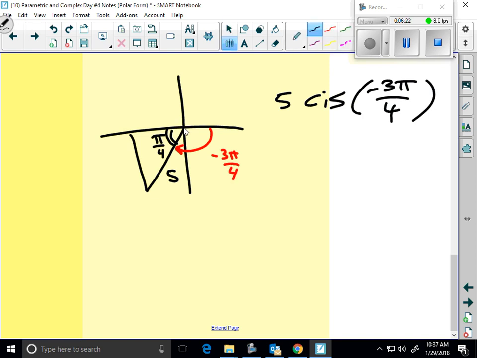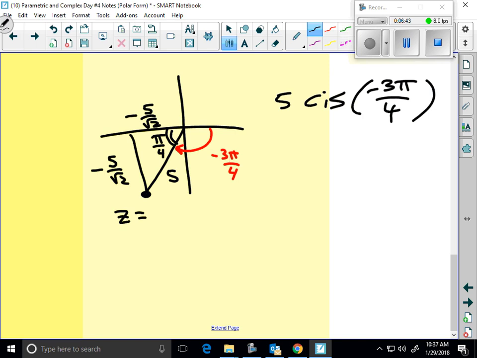Well, that tells me that this must be 5 over root 2, and this must be 5 over root 2. But they're both negative, right, in the third quadrant. And therefore, this point z, which is a complex number, right? How do I know this is going to be a complex number? Because it's cis.